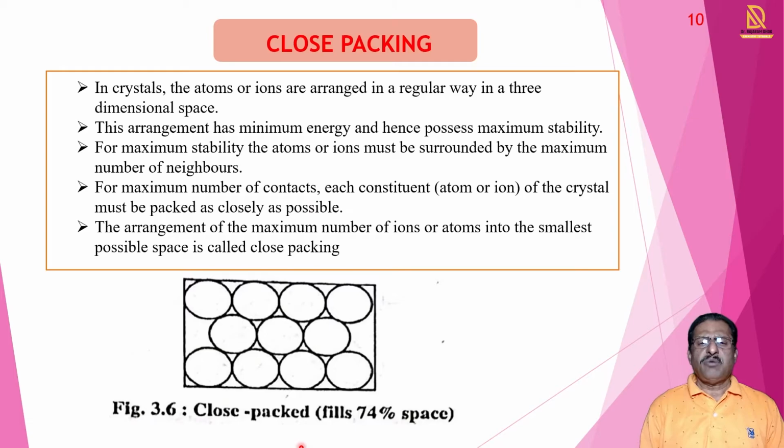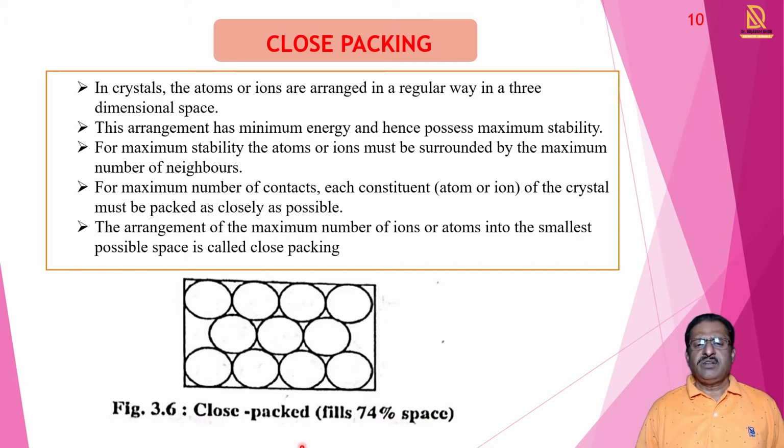Now we learn about close packing. From this word close packing, we can explain that when the different ions are attached with each other, they are closely attached, and such packing in the crystal lattice is called close packing. So in a crystal, the atoms or ions are arranged in a regular way in three-dimensional space.